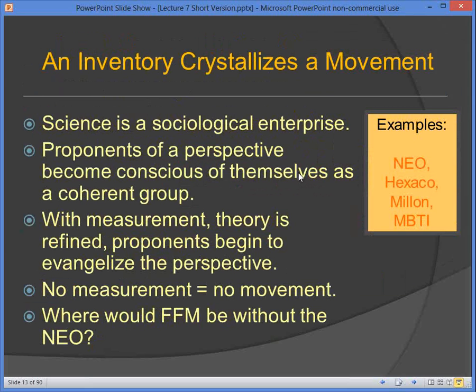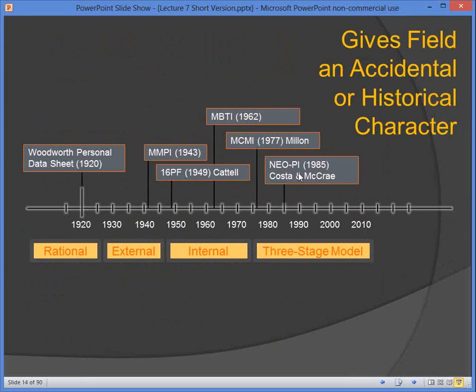Before the Neo, before the five-factor model, there was the Big Five model. The two things are obviously related, but until the Neo came along, it really didn't have a whole lot of momentum. And when the Neo came along, everything changed, because suddenly the tradition had an inventory associated with it. People could actually begin to measure things and begin publishing studies. So you begin to see the Neo over and over and over, thousands of times in the literature.